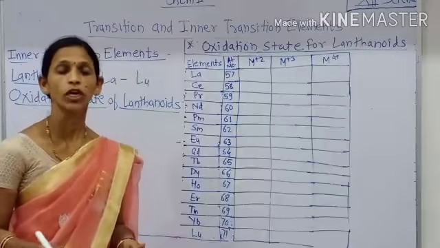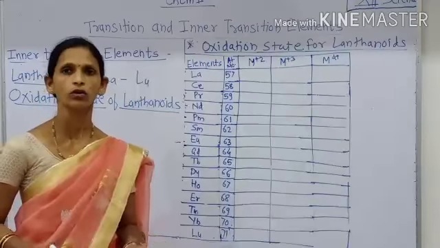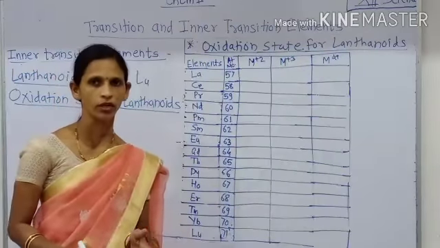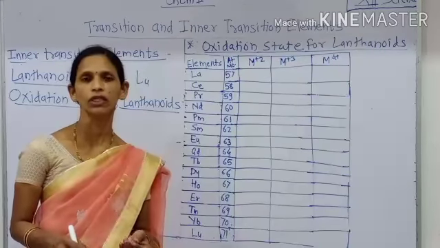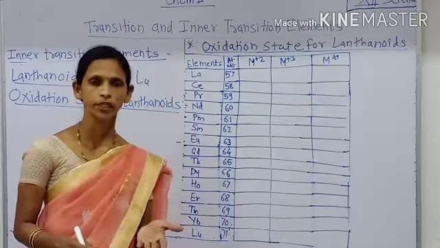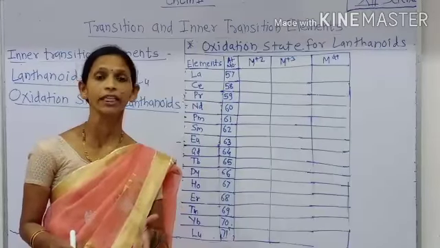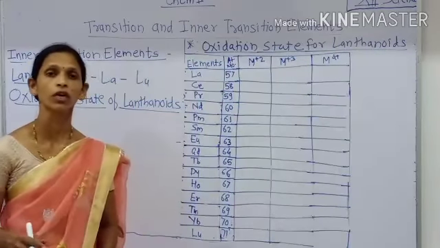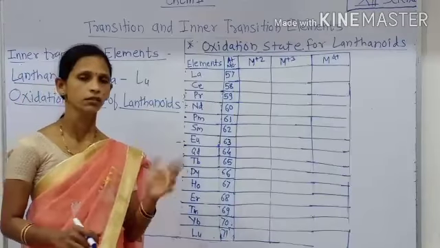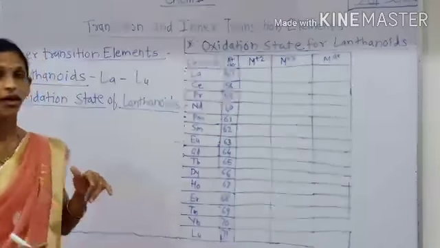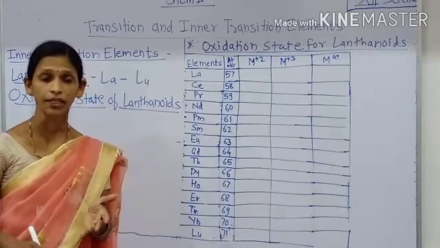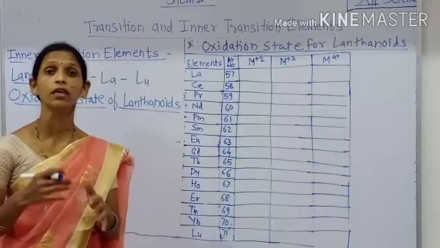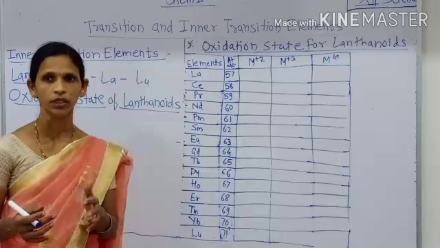Now we are going to study the oxidation state of lanthanoids. All of you studied the electronic configuration, that is, the observed electronic configuration and expected electronic configuration for lanthanoids. Their (n-2)f orbitals are incompletely filled, or gradually filled up.